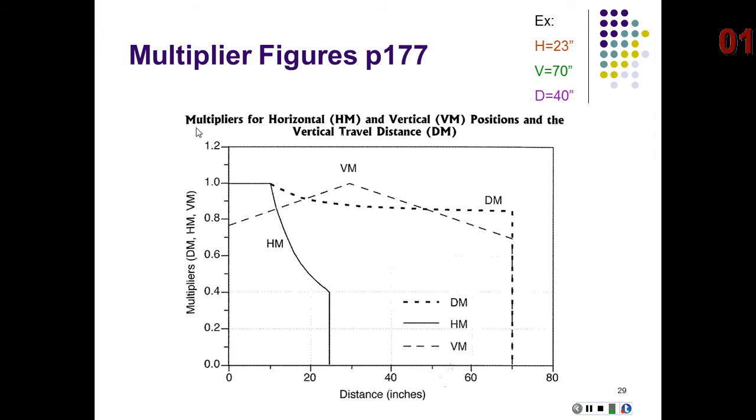But using this figure, this graph, you can find HM, VM, and DM on this graph. You want to use the legend: HM is the solid line, so this will be your HM right here. Our example problem that we just worked, the employee picking the tote off the J-hook conveyor, our H was equal to 23 inches at the origin.